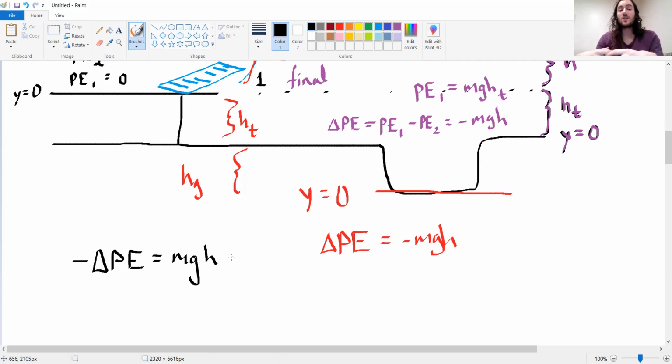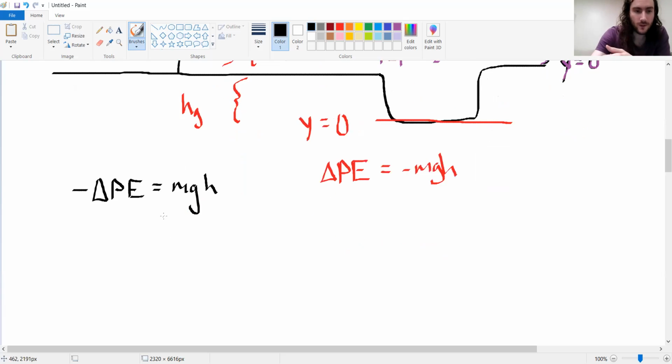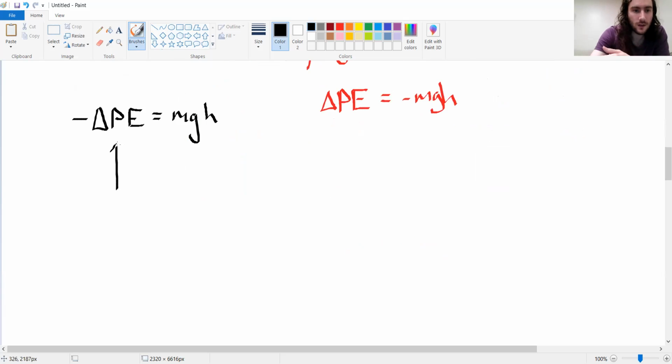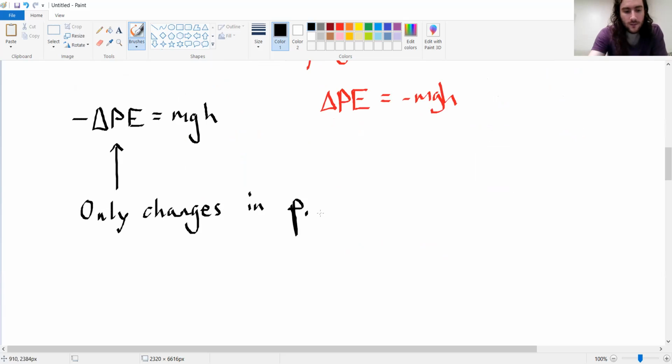Okay, so it's only changes that are physical. So only changes in potential energy matter. Let's just write PE.